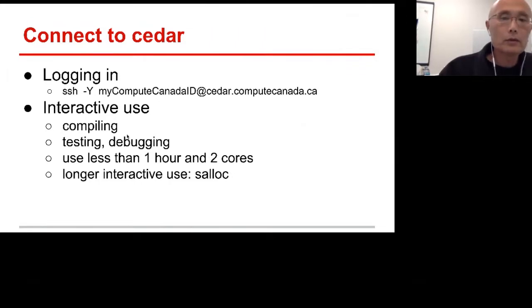Not more than 1 hour or 2 cores. If you need longer interactive use, there is what's called an interactive batch in a command called salloc, which allows you to do that. I will explain that a little later.